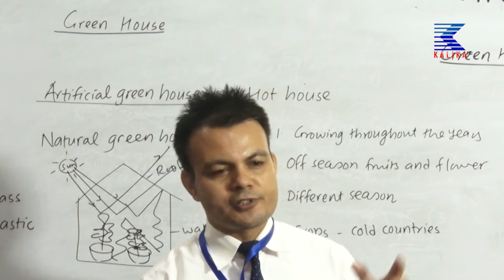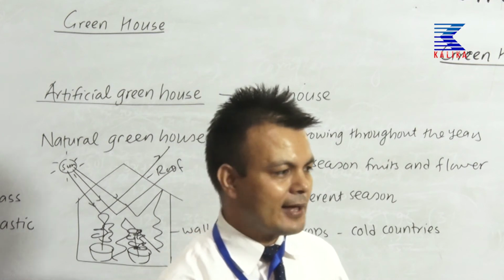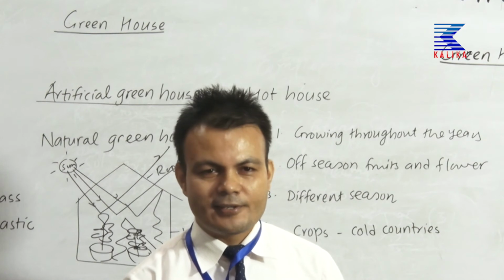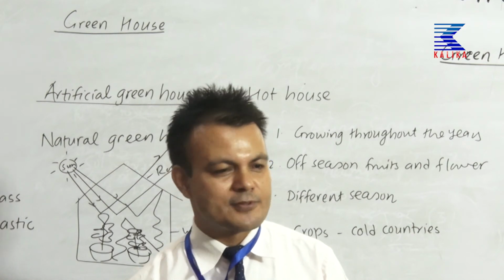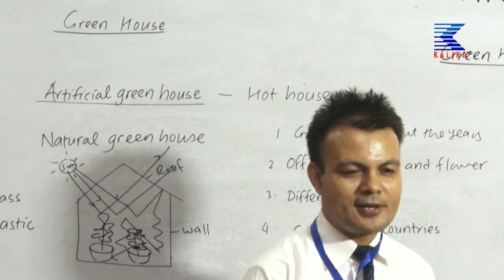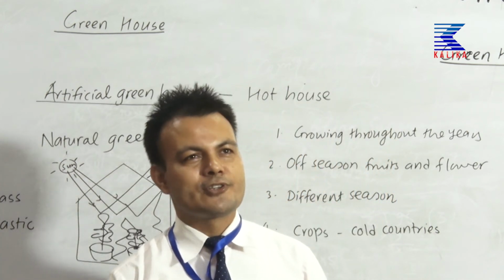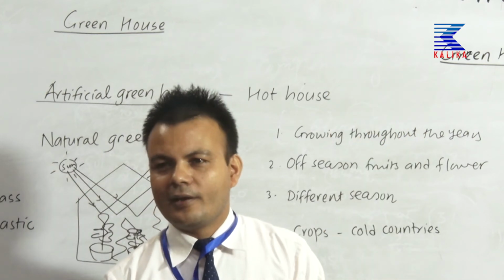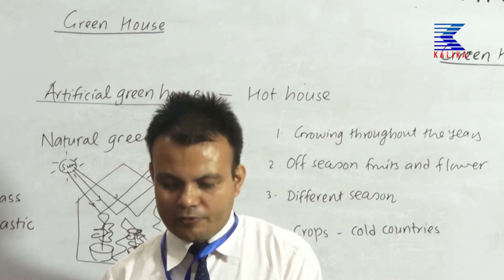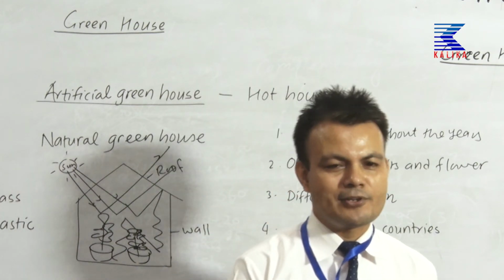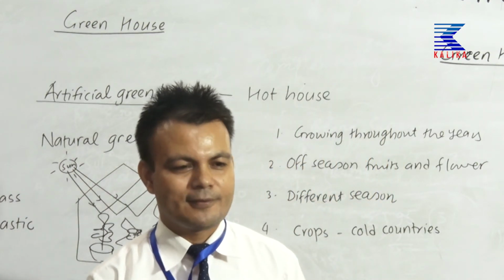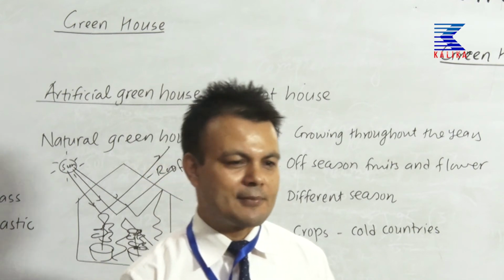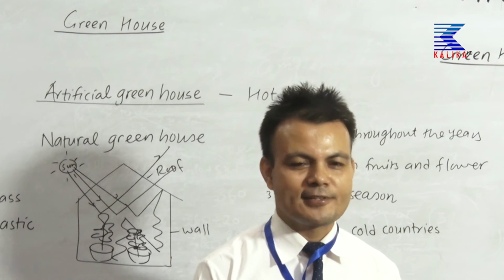The atmosphere, having gases like carbon dioxide, is the roof and wall, the same as that of an artificial greenhouse made of glass or plastic. As a result, the solar radiations coming from the sun, including UV rays having shorter wavelength, get trapped. They are responsible for increasing the temperature, causing the heating effect.